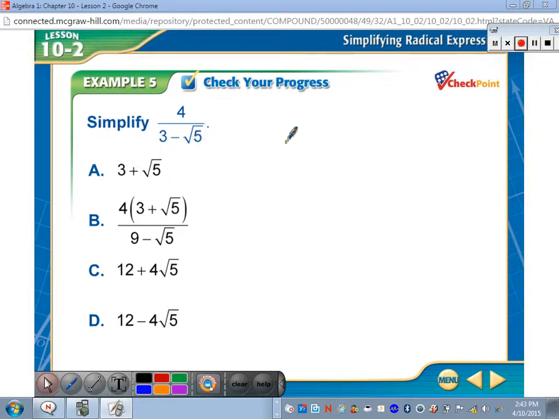Square root of 5 times square root of 5 is just 5, so minus that. Okay, so what you're going to have then is 4 times 3 plus the square root of 5 over 4, because 9 minus 5. But notice what? Your 4's are going to cancel, so your answer is just going to be 3 plus the square root of 5. That's what we should get. Okay? And there you go. Got it. You're all done. Okay? So let's clear that, and let's go on.